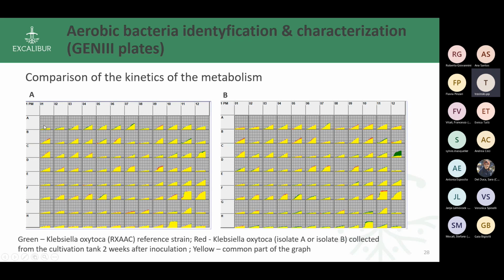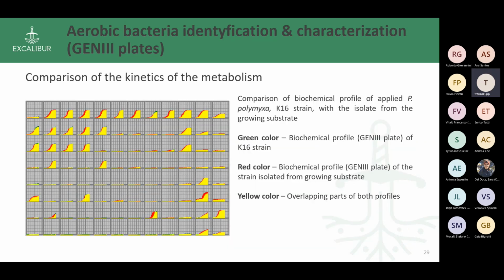One perfectly matched the reference strain. The other one has some changes. It lost some ability; in this case, it lost the ability to grow in the presence of 8% sodium chloride, for example.